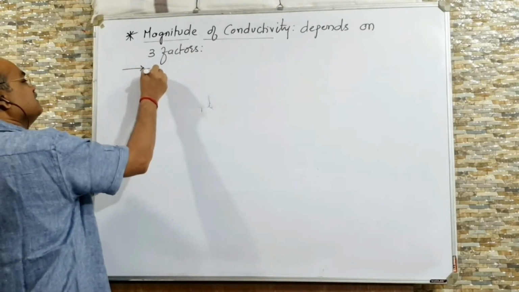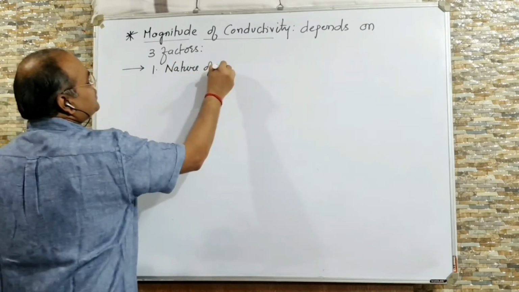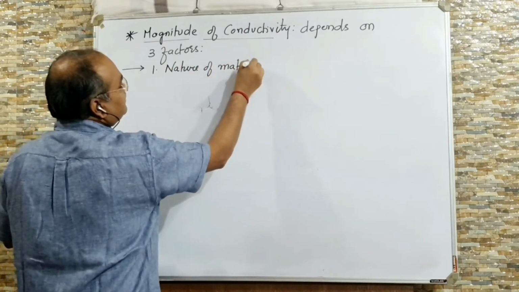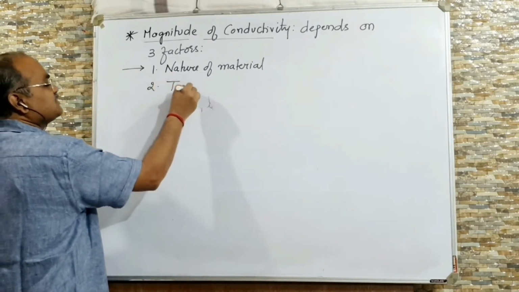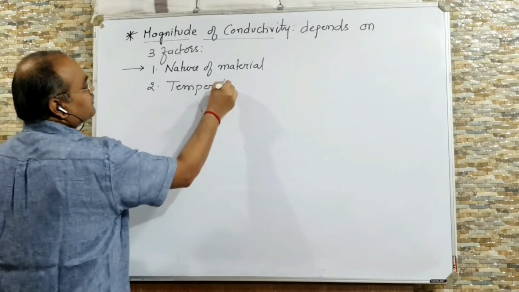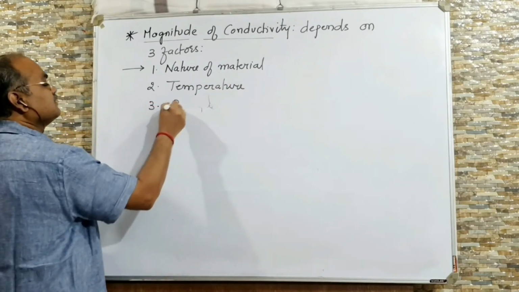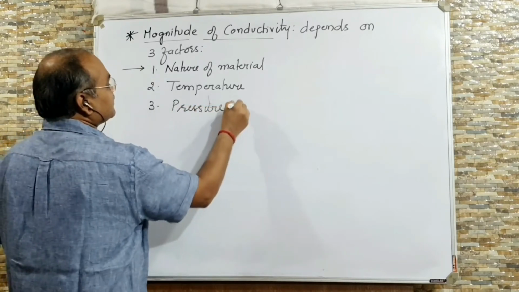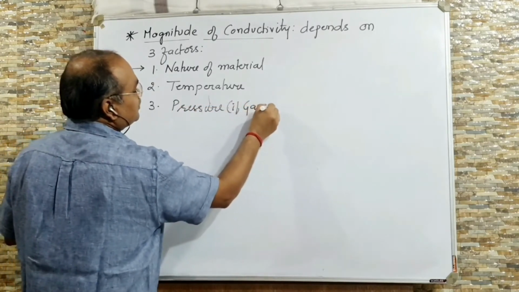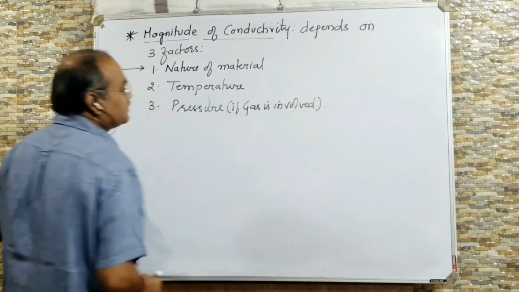Answer: Number 1, nature of material which you are using. Second is temperature. And third is pressure, if gas is involved.